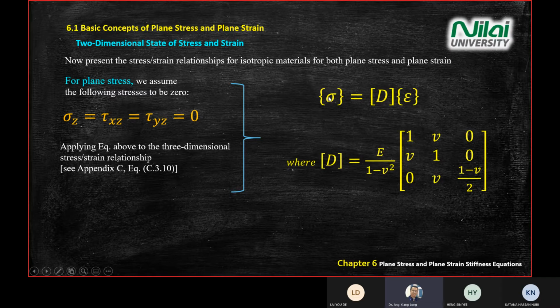Matrix shear stress equal to our converter matrix here D times the strain. So you know that this is the matrix that we're going to use, and there is a format for D, as you can see here on the screen. I don't expect you to memorize this one, but at least you've seen this one before.